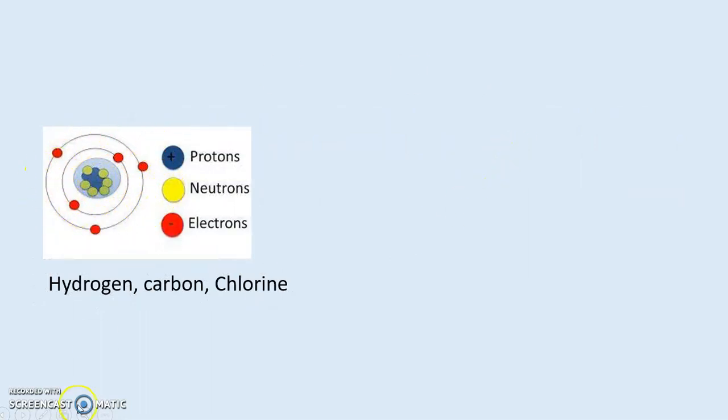Let's see if we can draw a diagram for these examples. We stated that hydrogen has an atomic number of 1 because it is the first element of the periodic table. So let us draw our nucleus.